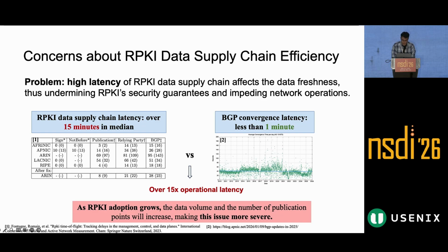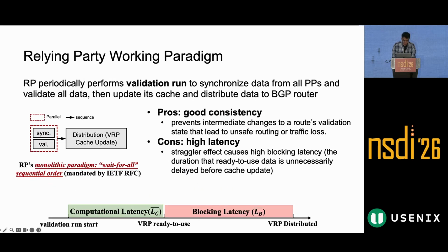And what's worse, as RPKI adoption grows, the data volume and the number of publication points will increase, making this issue more severe. According to measurement, the relying party is a bottleneck. And the relying party, that is RP, periodically performs a validation run.